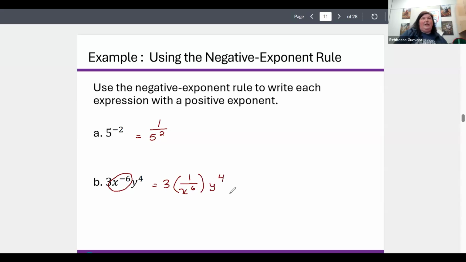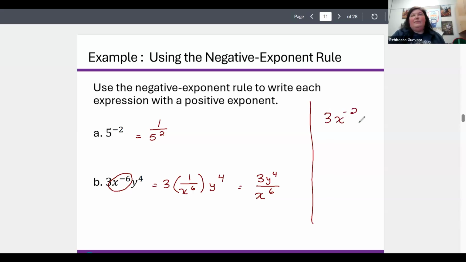So part of the rules of simplifying is that we do not like to have negative exponents. So this rule helps us get rid of these negative exponents. And this is the equivalent of saying that I just have 3 y to the 4 over x to the 6. So one of the ways to think about this is that when we have a negative exponent, it's going to move its place.